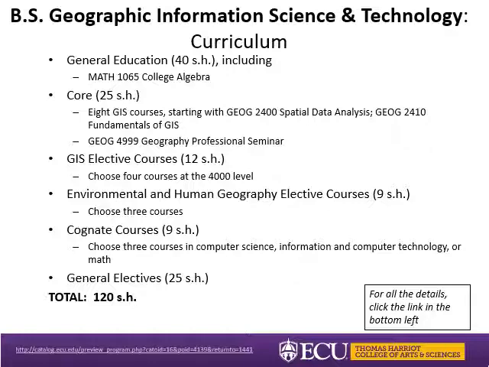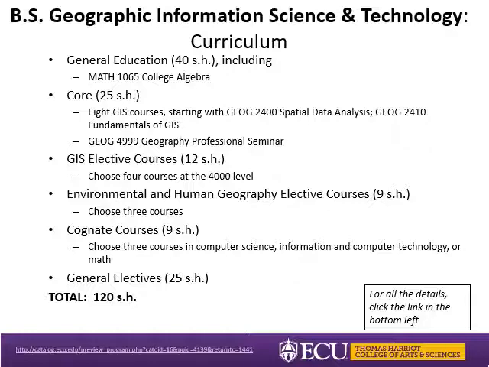Next, the core major courses include 8 GIS courses, beginning with Geog 2400 Spatial Data Analysis, Geog 2410, that's Fundamentals of GIS, as well as Geog 4999, that's the Geography Professional Seminar, which you'll take in your senior year.